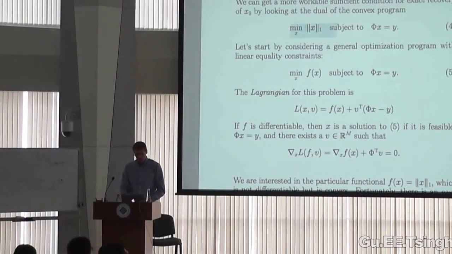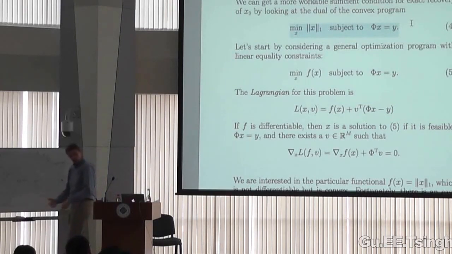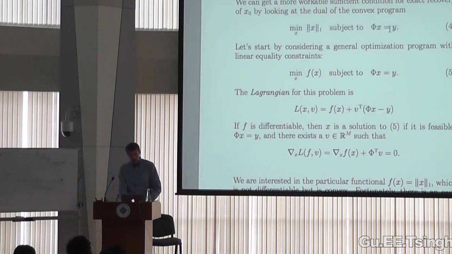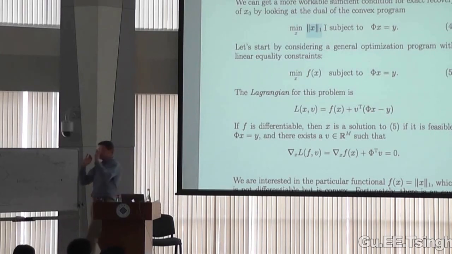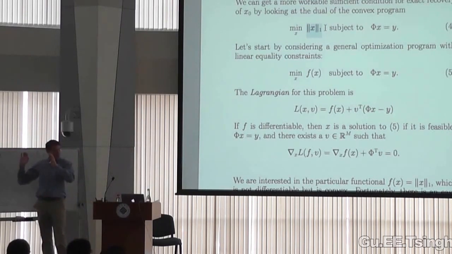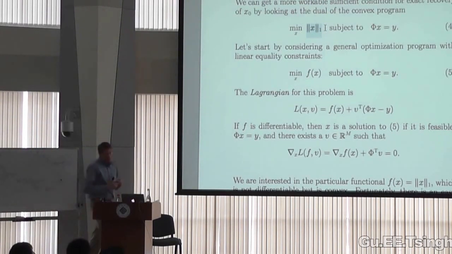We're at a minimum of this L1 function when the derivative is equal to 0. Although we have to be a little bit careful, because we have a constrained optimization program and something which we can't differentiate. Both things kind of fail, but they're both easily handled.